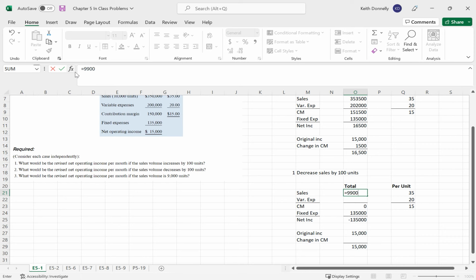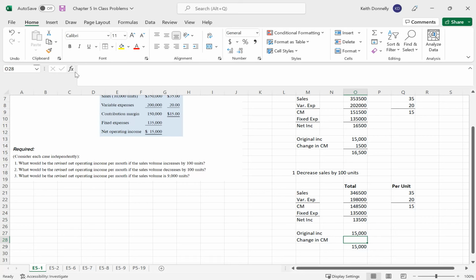So we're going to be at 9,900 in this case times the 35 bucks. That's 346,500. Again, 9,900 times the variable expense per unit. Looks like our contribution margin is going to be 148.5, which gets us to a net operating income of 13.5.